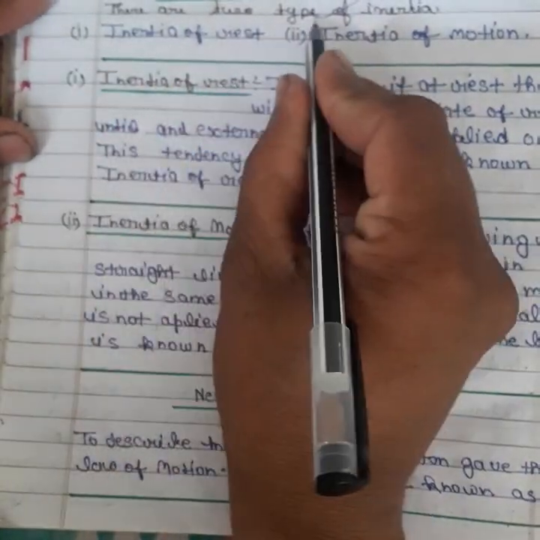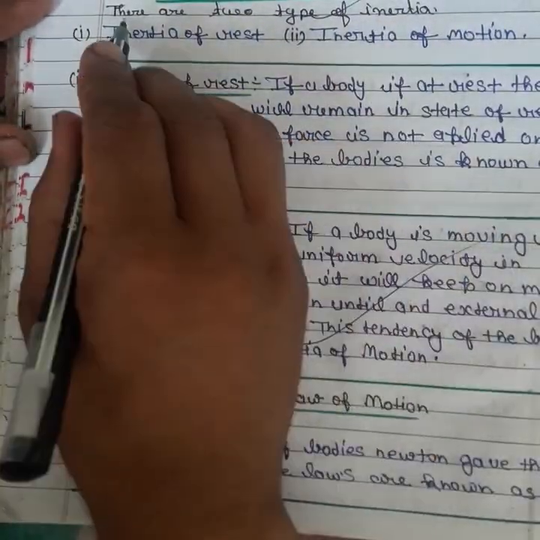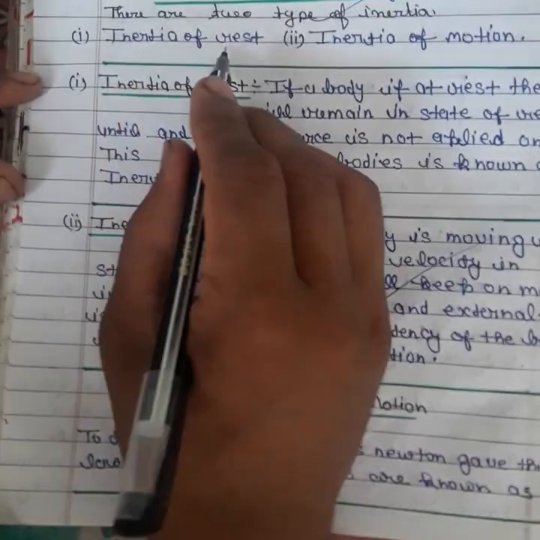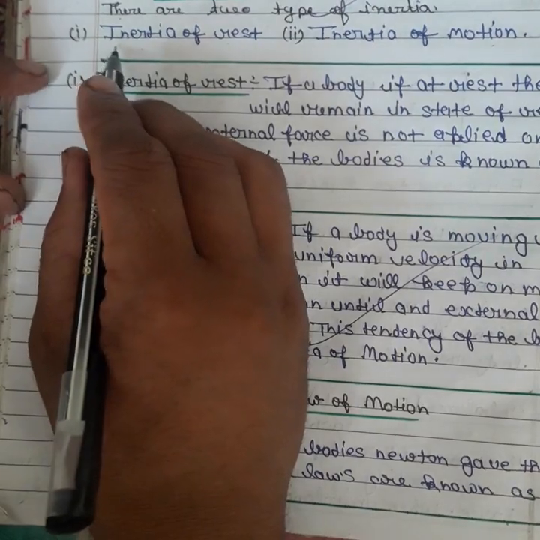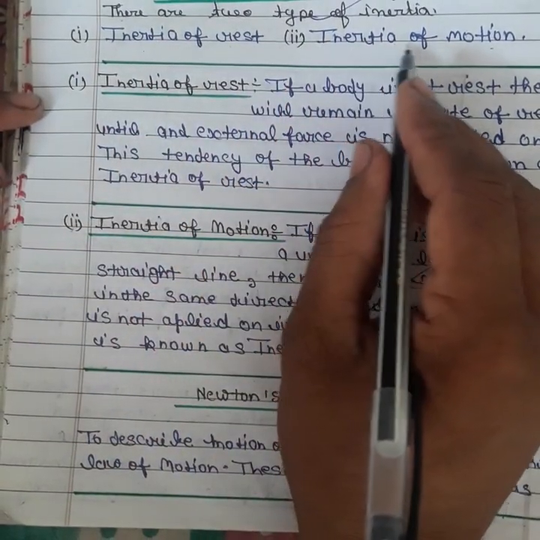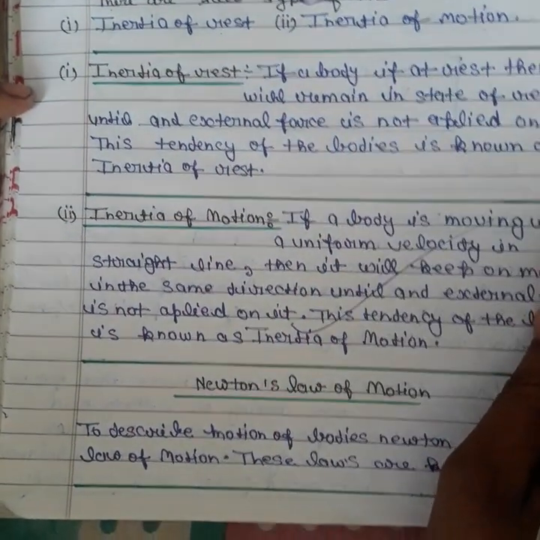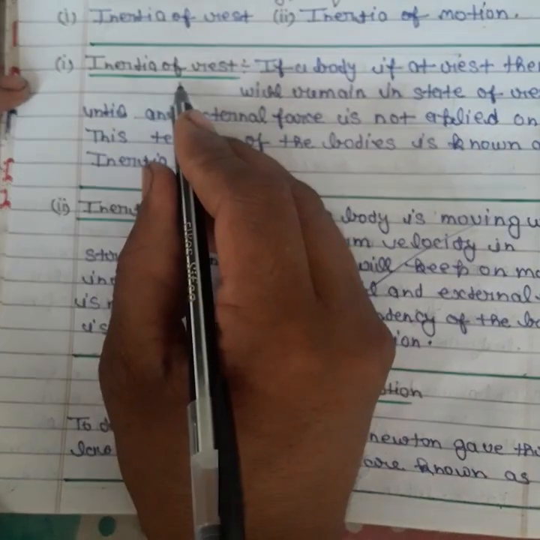There are two types of inertia. First one inertia of rest and second one inertia of motion. So my next topic is first, inertia of rest.